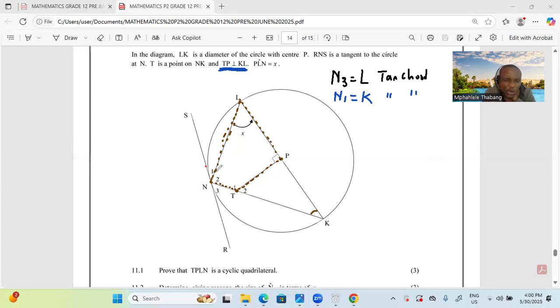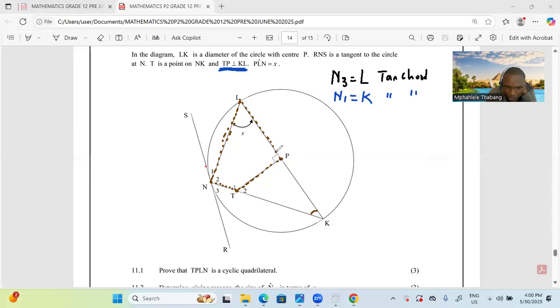Okay, we know that opposite angles of a cyclic quad are supplementary. I'm going to use this theorem about a cyclic quad that says opposite angles of a cyclic quad are supplementary.